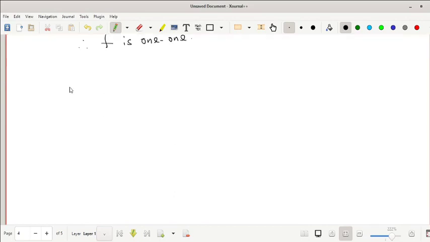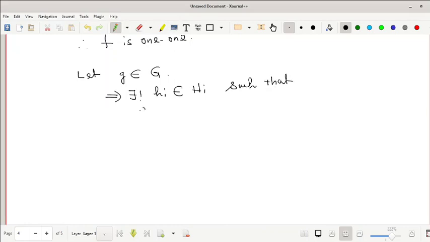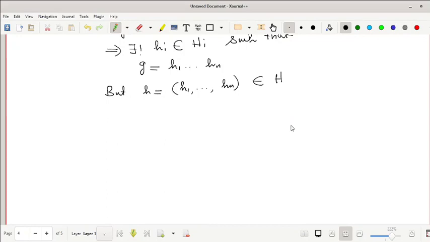We have to prove that f is onto. So let g belong to capital G. This implies there exist unique hi in capital Hi such that g equals h1 h2 hn, but h equal to (h1, h2, hn) must belong to H, because capital H is the external direct product of H1, H2, H3, Hn, and f of h will be equal to h1 h2 product hn, that is equal to g.